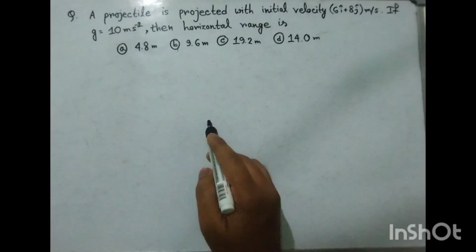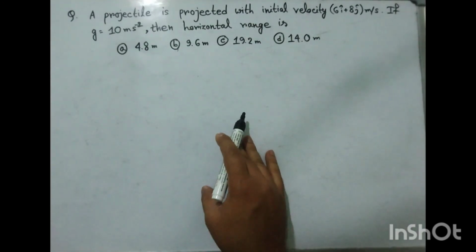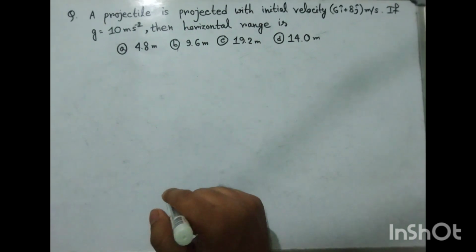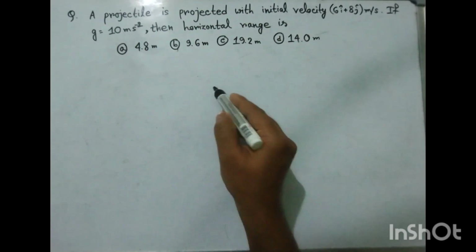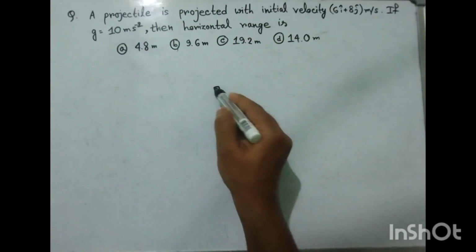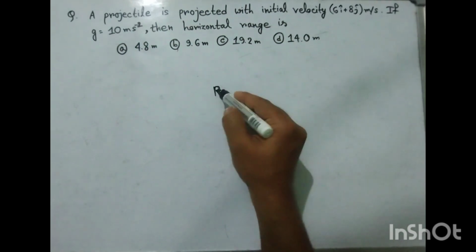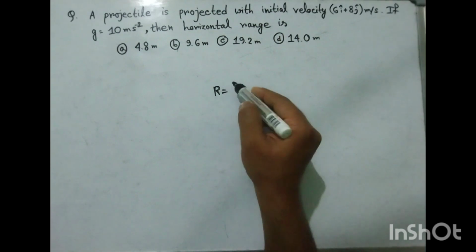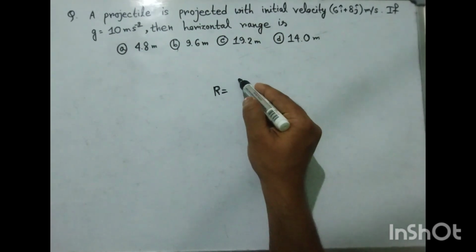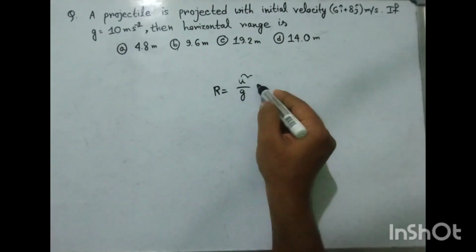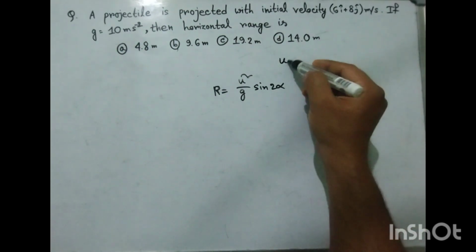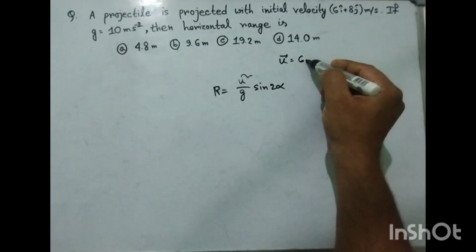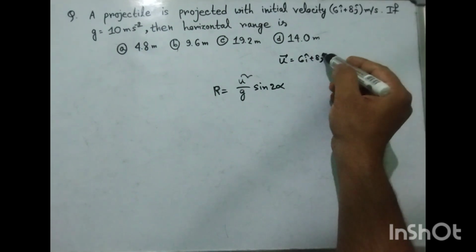Okay, in this question the u vector, the initial velocity, is given and we have to find the horizontal range, that is R. So we know the formula of R is u square by g sin 2 alpha, but we are given the u vector, that is 6 i cap plus 8 j cap.